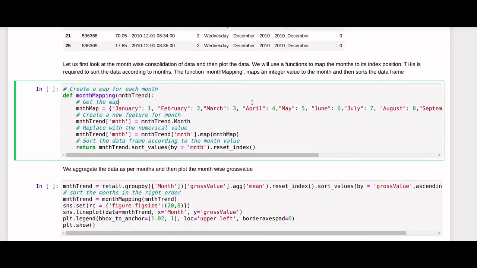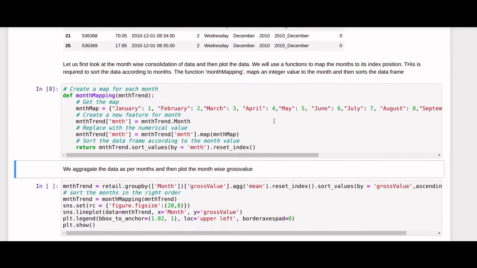Now, one problem here is when we try to do an exploration, especially across months, the months are in a string format. If we want to do it across months in the logical order in which the months come, from January onwards, we need to do a mapping of month to its numerical index, like January is the first month, February the second month, etc. So this is the function to create that map for the months.